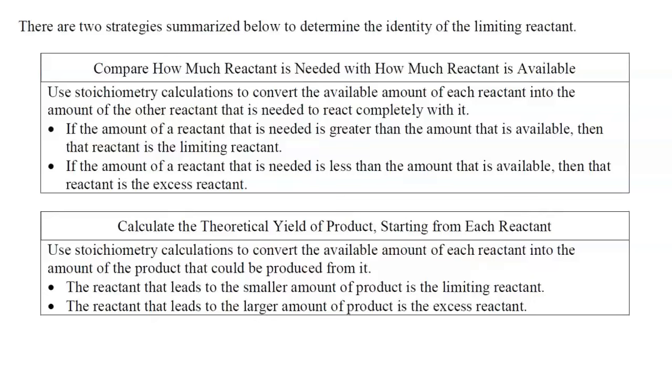Part A, determine the identity of the limiting reactant in this experiment. Justify your choice. Include both words and calculations in your justification. So there are 2 strategies to determine the identity of the limiting reactant. One strategy is to compare how much reactant is needed with how much reactant is available. So let's try that strategy first.